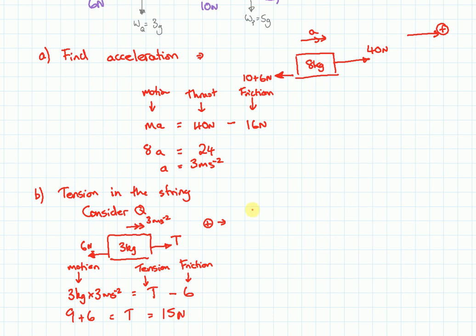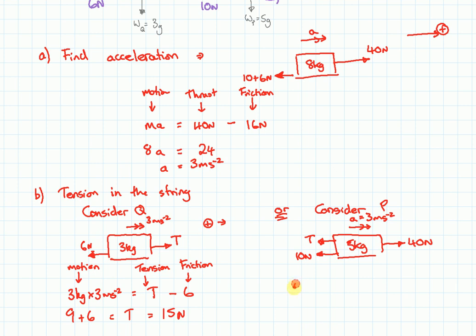Just to check, we could also consider P, which is again 5 kilograms being held back by 10 newtons and pulled back by our tension. We've got our thrust forward now of 40 newtons. The vertical forces aren't needed in this diagram. So I do motion, and again this is accelerating at 3 meters per second squared.